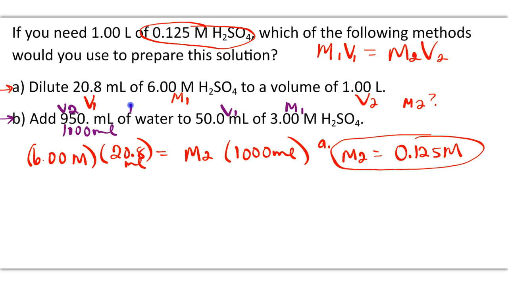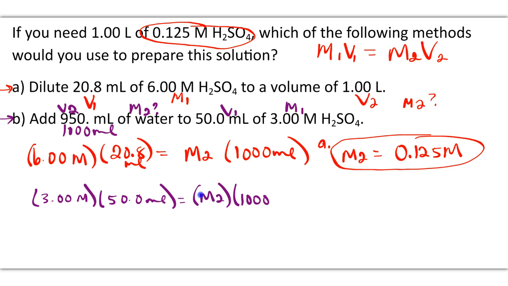And so we want to know what's going to be the new molarity after that. So when I plug in, I'm going to get 3.00 molar times 50.0 milliliters is equal to, I don't know the new molarity, times 1,000 milliliters.